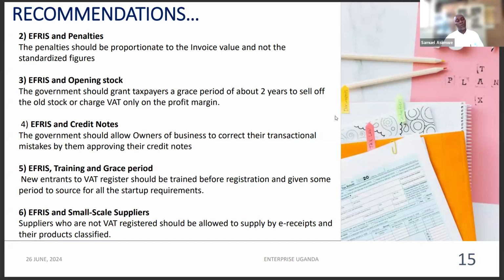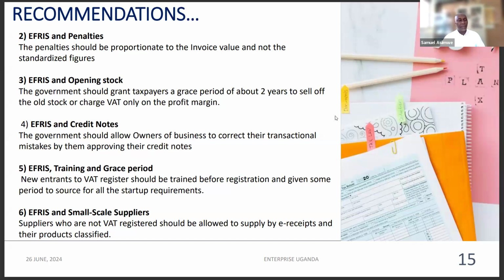I know where we went wrong and where the problem is, and I've said I don't want this invoice. I have cancelled it, but the mandate to sign it is URA. So we are saying the government should allow the owners of business to correct their transactional mistakes. Let them approve the credit notes by themselves.